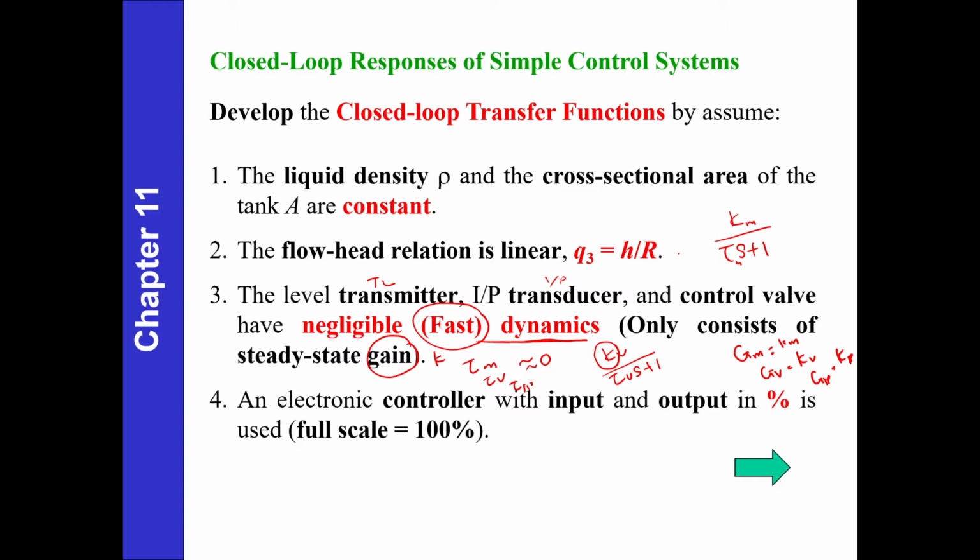How do you interpret this sentence to get information about the transfer function? And then number 4, an electronic controller with input and output in percentage.